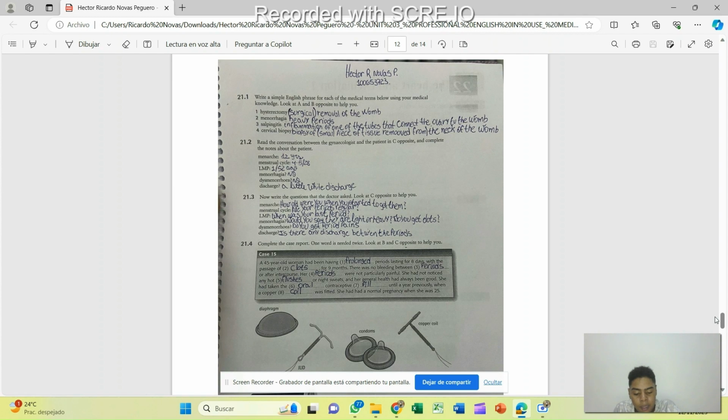21.4. Complete the case reports. Case 15. A 45-year-old woman had been having prolonged periods lasting for 8 days with passages of blood clots for 9 months.